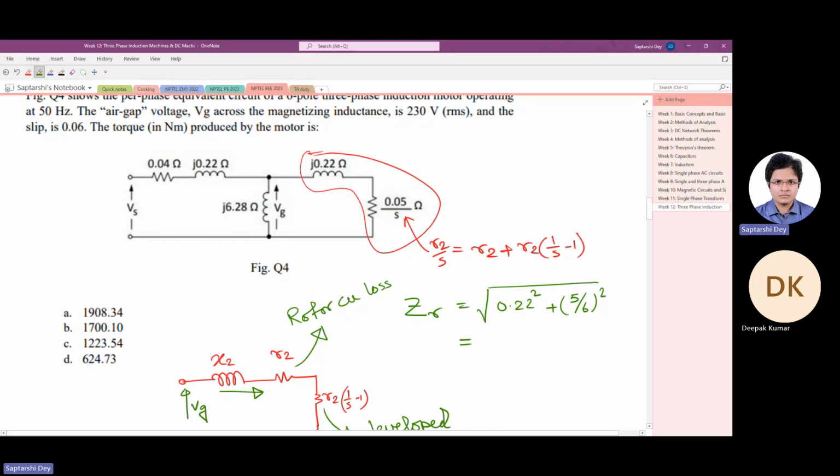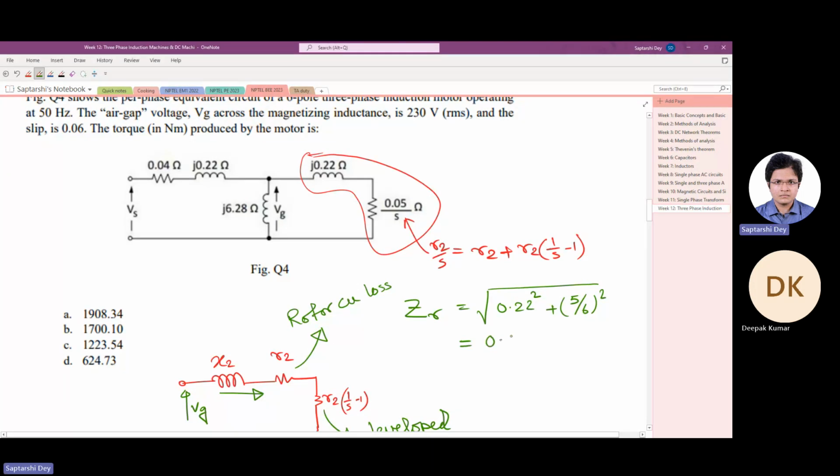So this is the rotor equivalent impedance with respect to the stator side, which comes out to be 0.862 ohm.